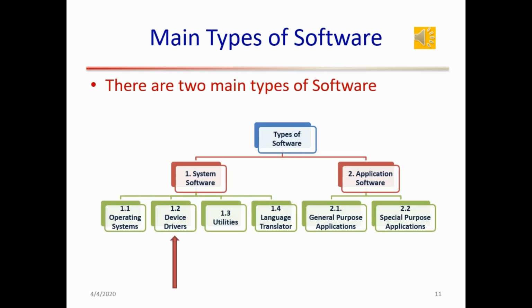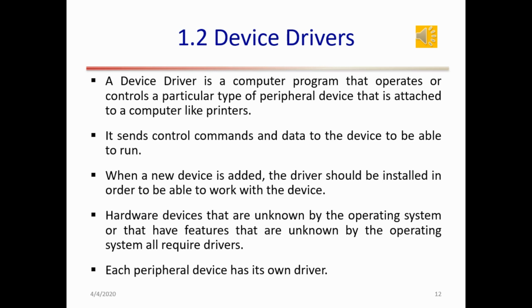Let us move to the second type of the system software, which is the device drivers. When buying a new printer and attaching it to your computer, the computer must first know the type of the printer before working with it.